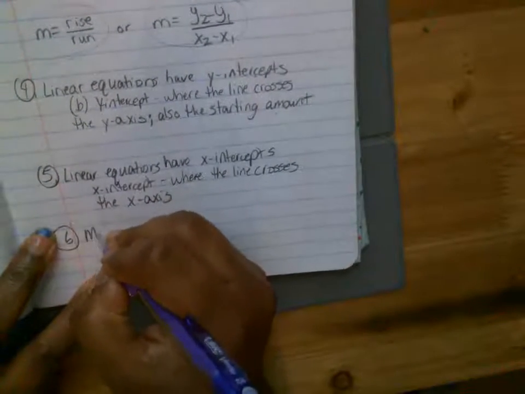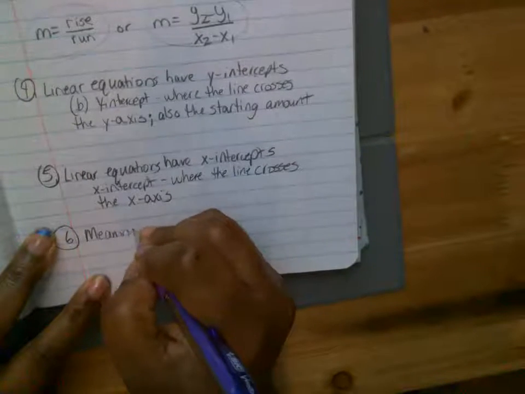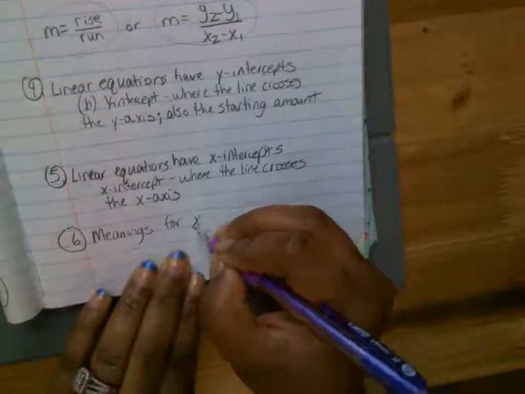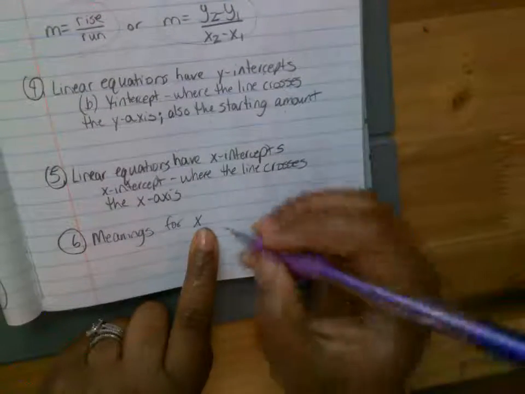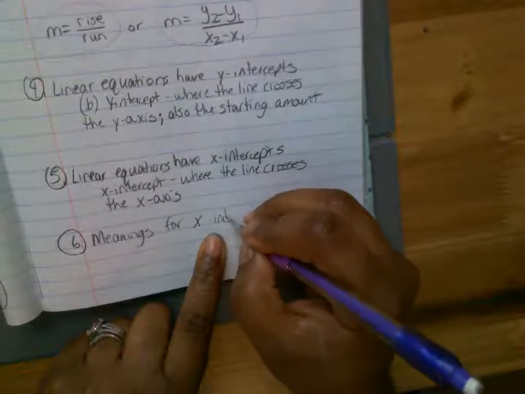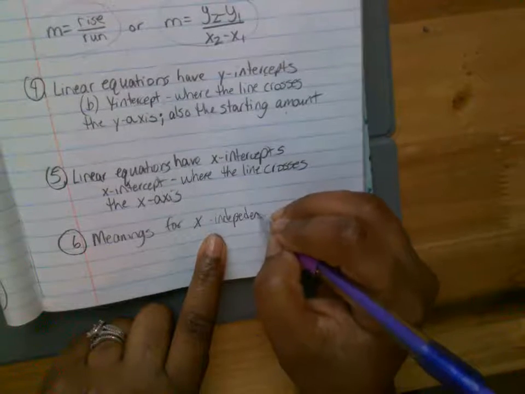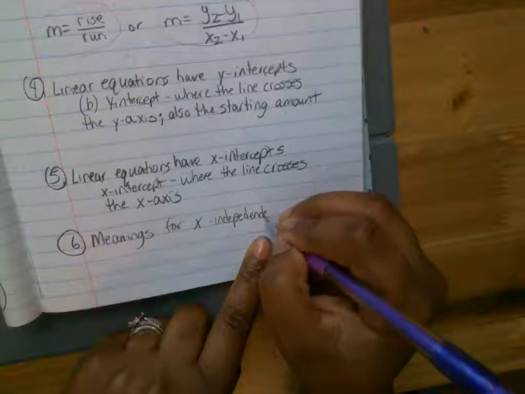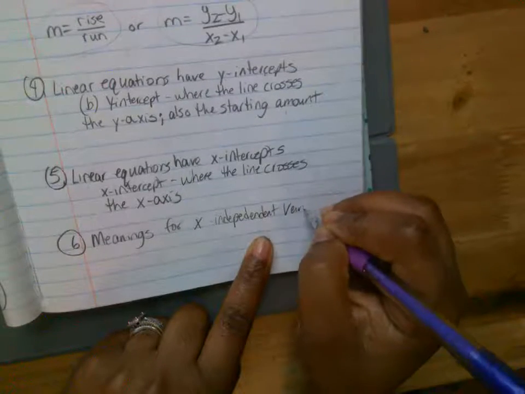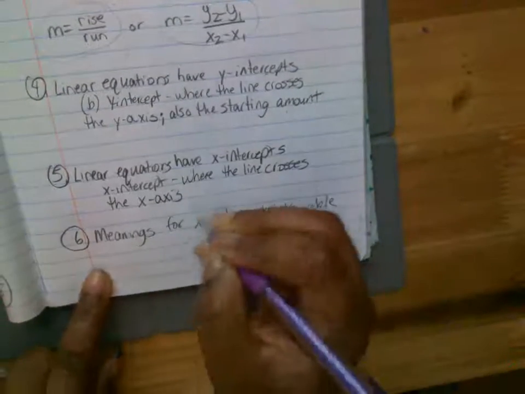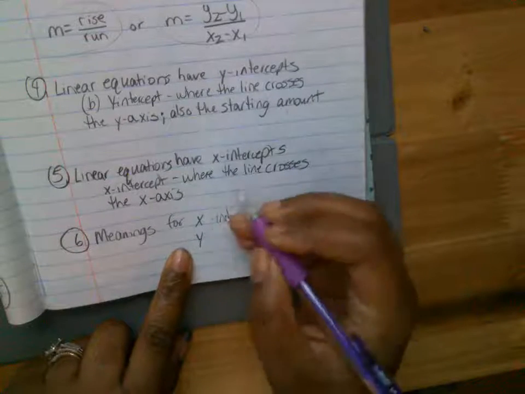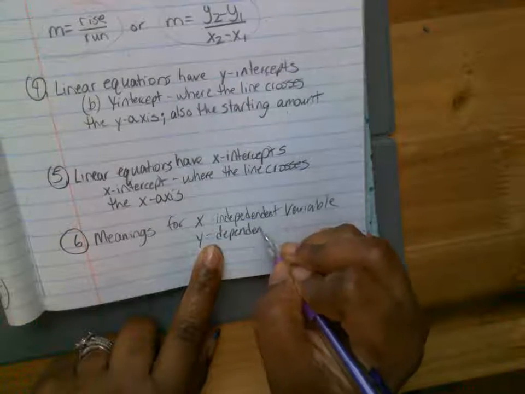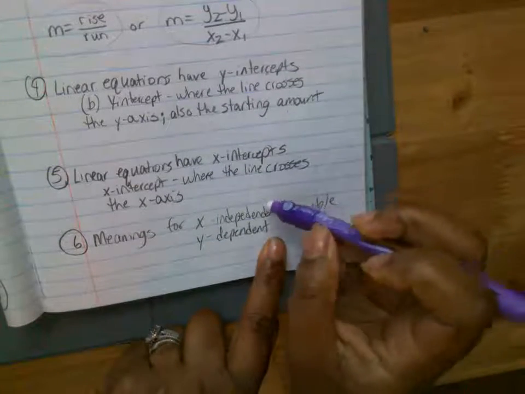The meaning for x is called your independent variable, and your meaning for y is your dependent variable. And I spelled this all wrong.